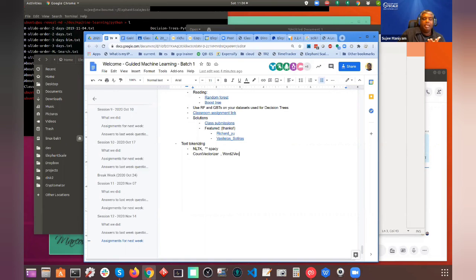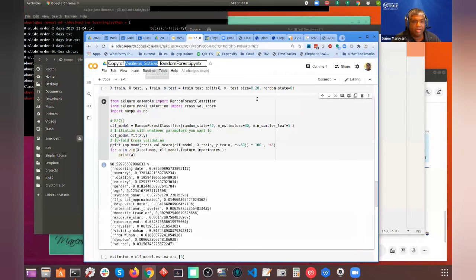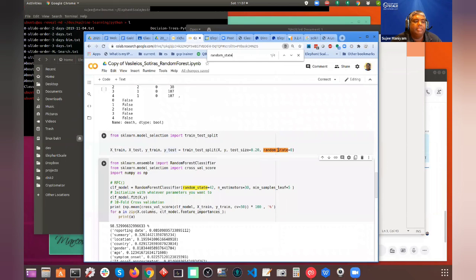What cross-validation does is go systematically through all your train and test data sets. Exactly. Otherwise it's because of the random state. When you set a random state, it's basically the split point.